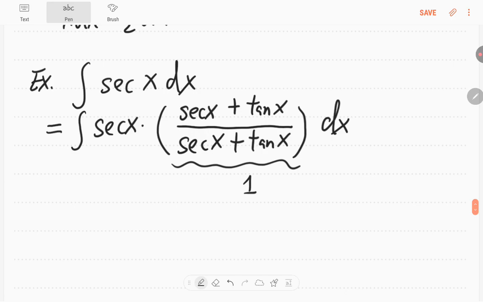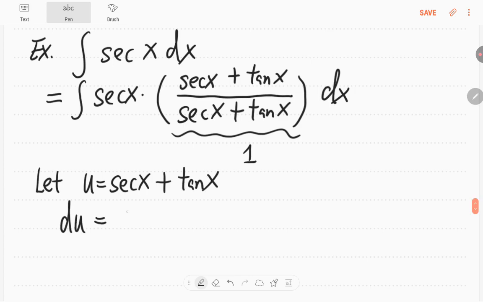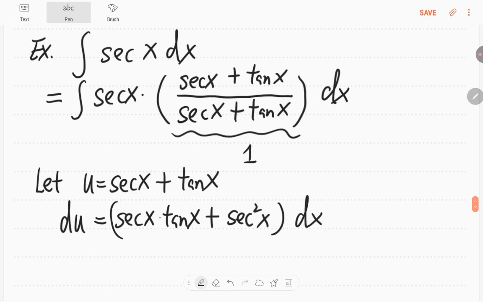Why do we choose this one? The reason is, if we let u equal secant x plus tangent x, then du equals the derivative of secant, which is secant x times tangent x, plus the derivative of tangent, which is secant squared, then dx. What is this? This is actually the top.